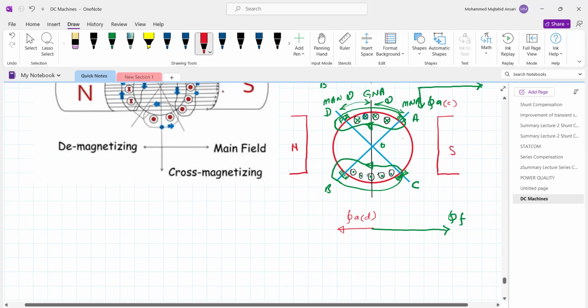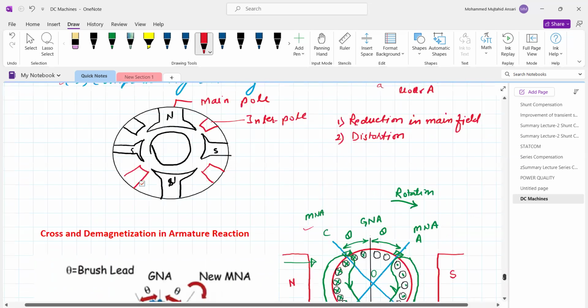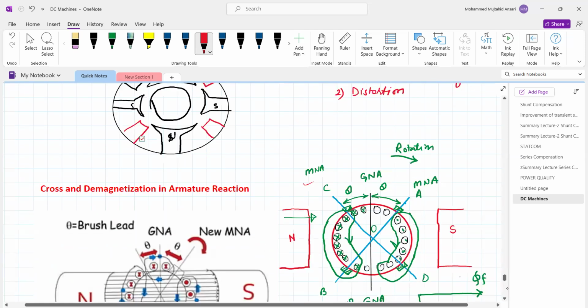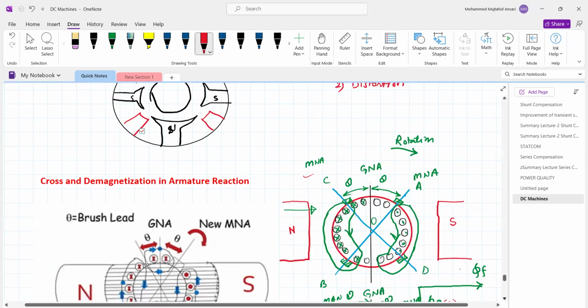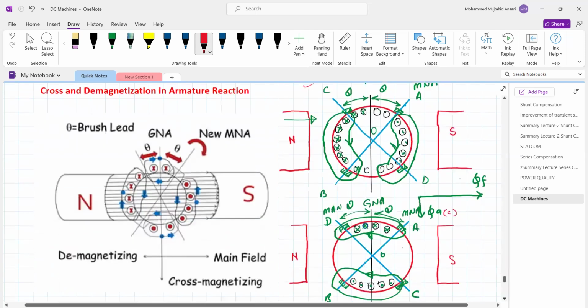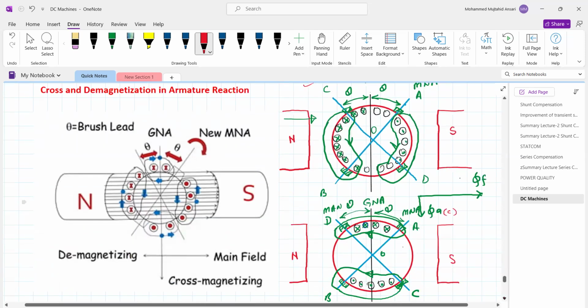Now we can discuss the same thing with the help of this diagram. See here, this is the north pole. The fluxes are created from north towards south, so this is the direction of magnetic flux. The conductors which were earlier under the influence of the south pole come under the north.